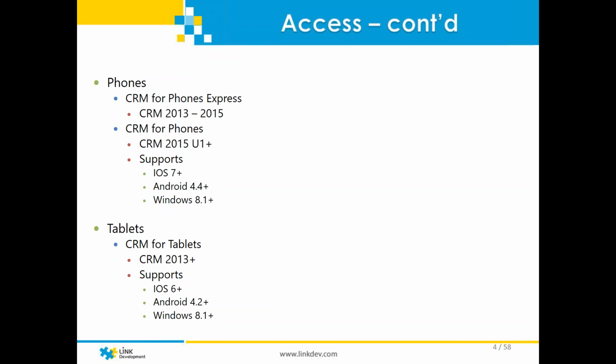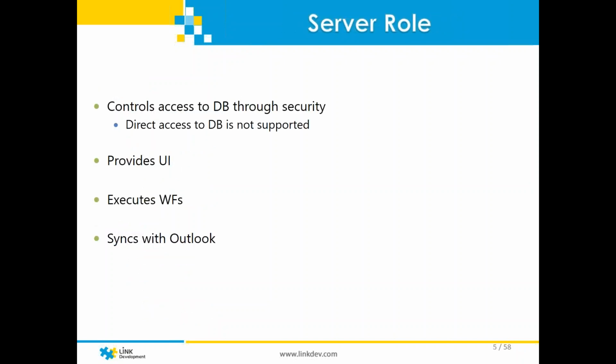It supports all platforms. And then you have another one for tablets, called CRM for tablets. It supports from 2013 and plus. You can get all this information on the internet when you are ready to deploy CRM, or if a customer asks you for a compatibility list, for example.